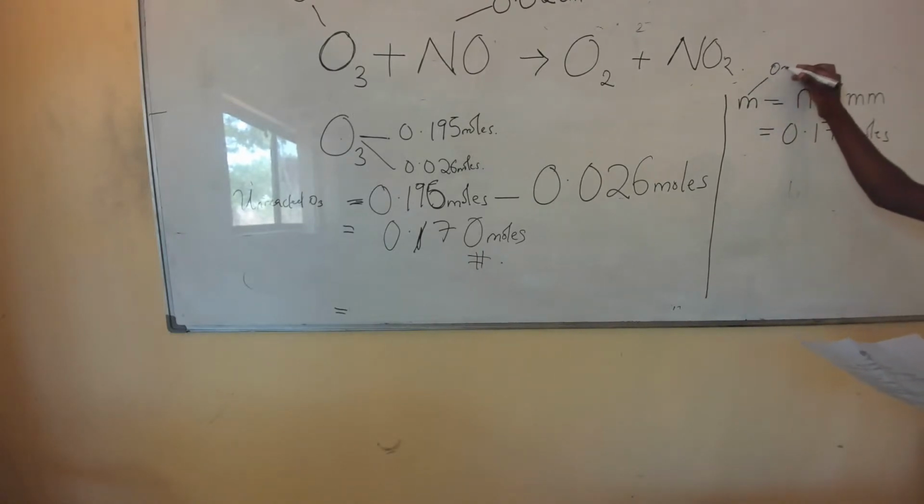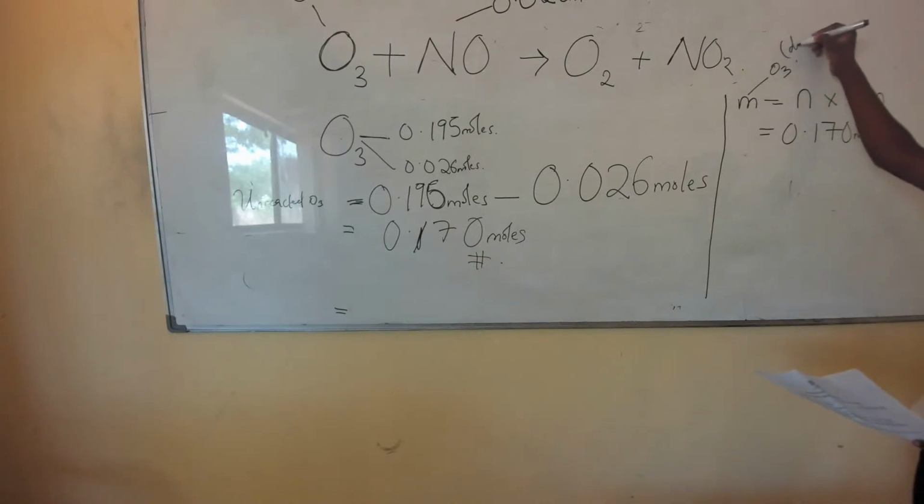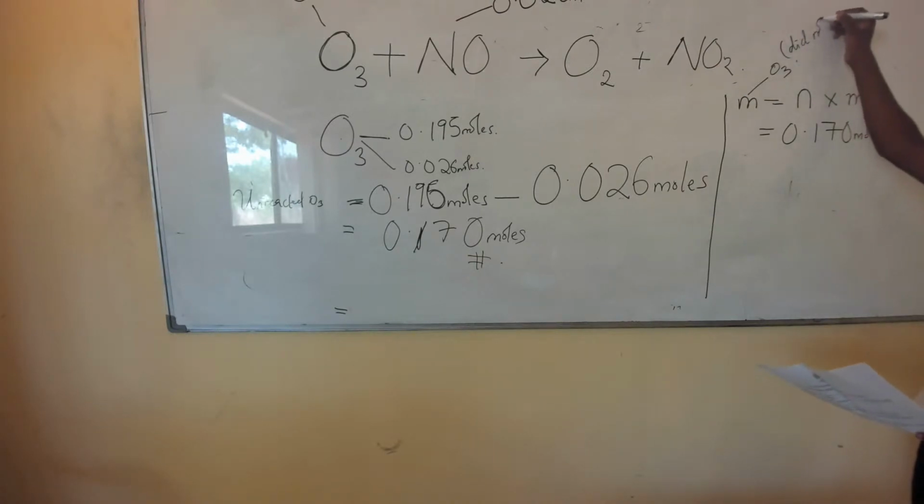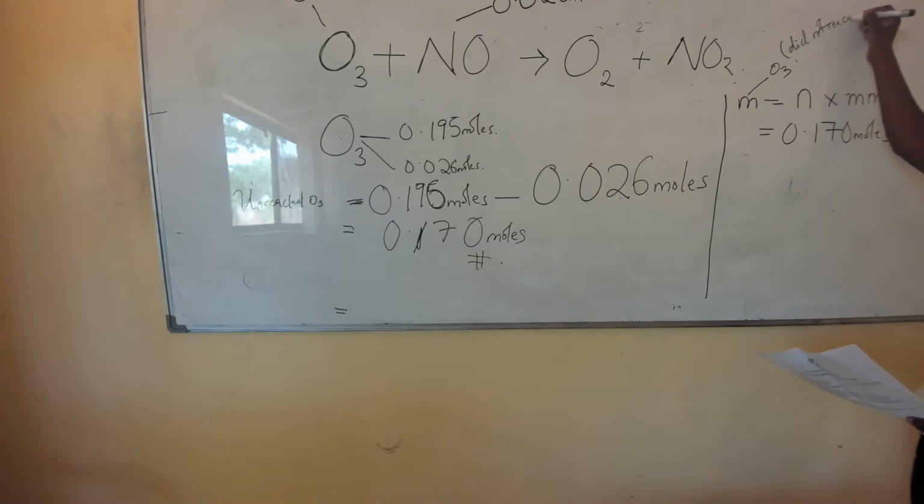Remember, it's the mass of O3 that did not react because it was in excess. So we're going to say 0.170 times the molar mass of O3, which is 48 grams per mole.